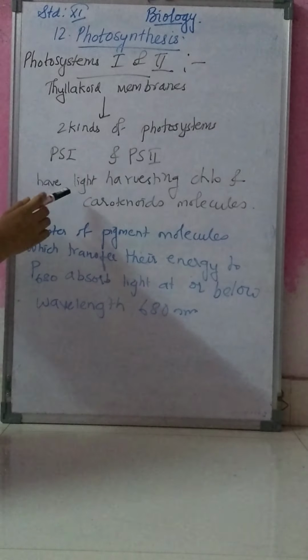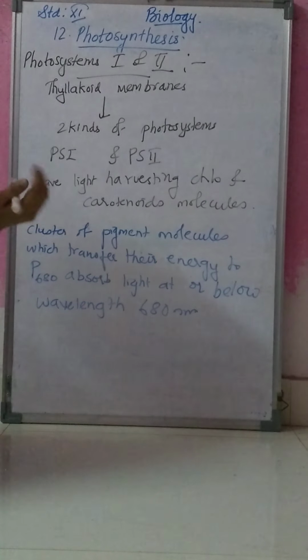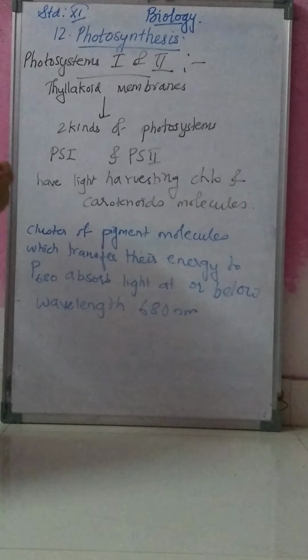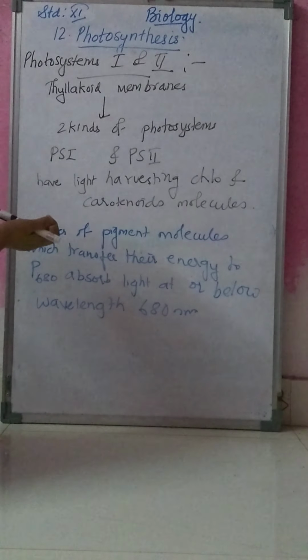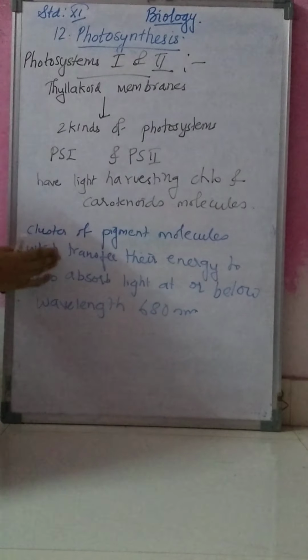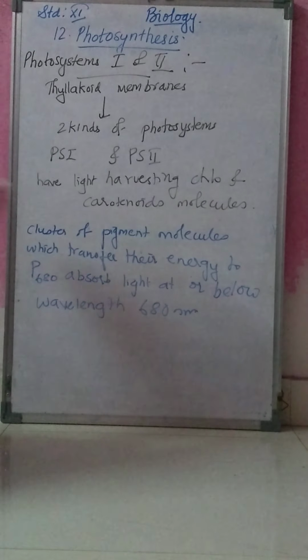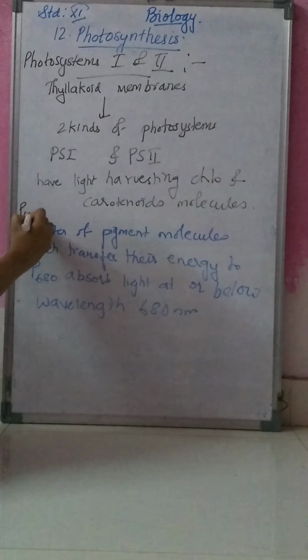Then what do these chlorophylls and carotenoid molecules do? They absorb light, they absorb solar energy, and they transfer their energy first. For example, P680.